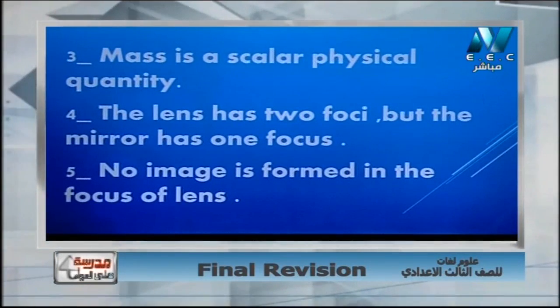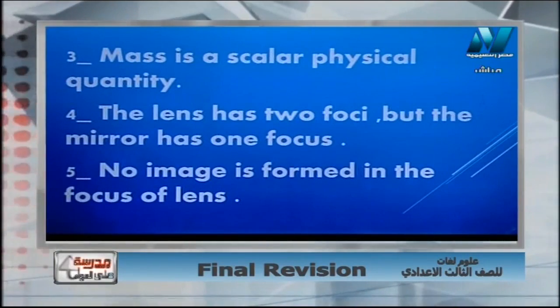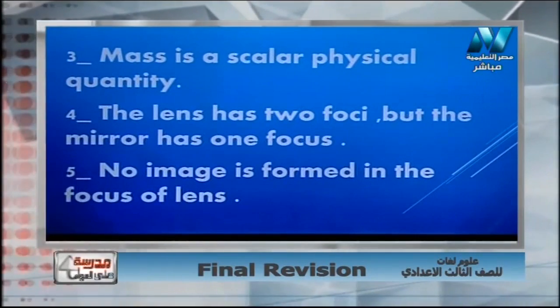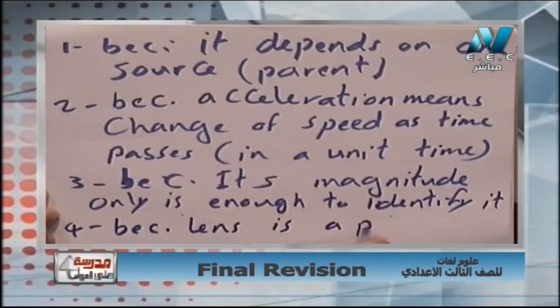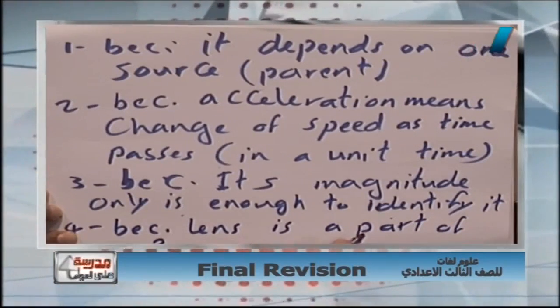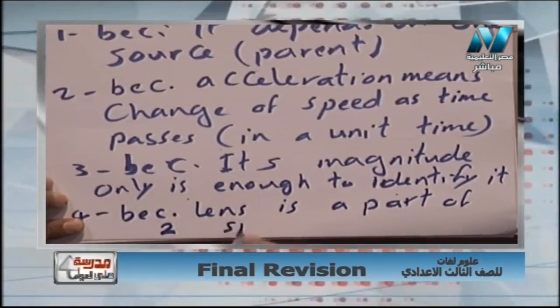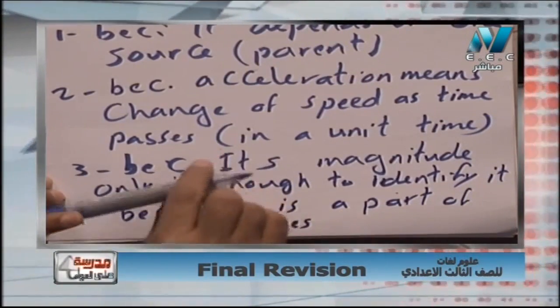Number 4, the lens has two foci, but the mirror has one focus. Why does the lens have two foci? Because lens is a part of two spheres. Number 5, no image is formed in focus of lens. No image is formed if the body stands at the focus.